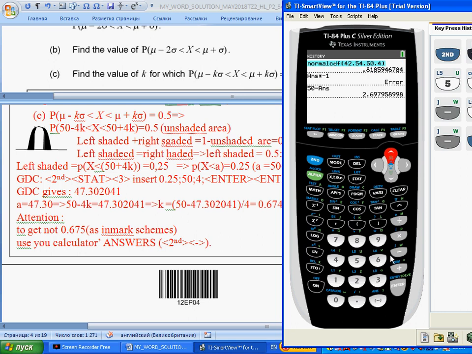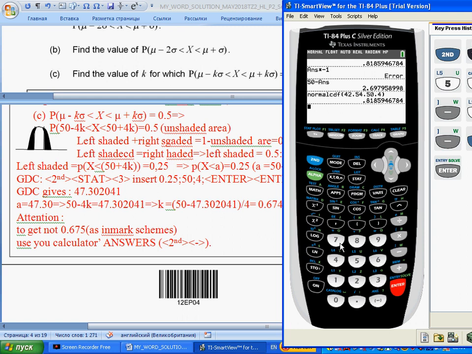Okay, so let's repeat this value here. Enter. Where is 47? Okay, let's repeat again. So we do it this way. Second, vars, 3. So enter, enter, enter, because we have just inserted these values.